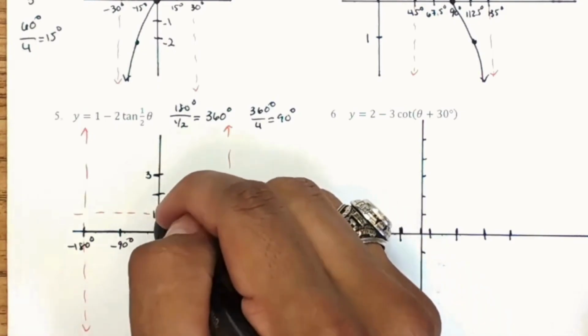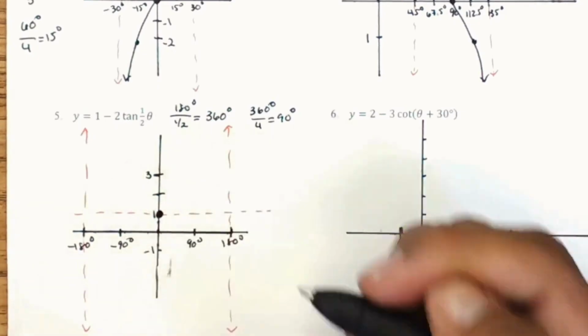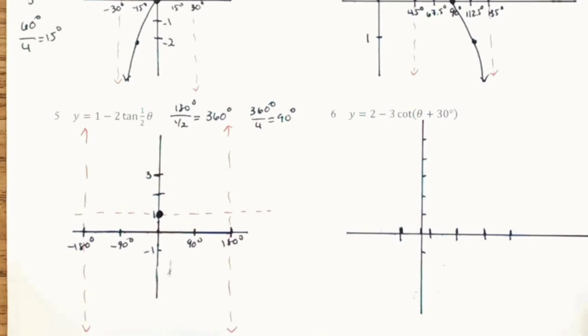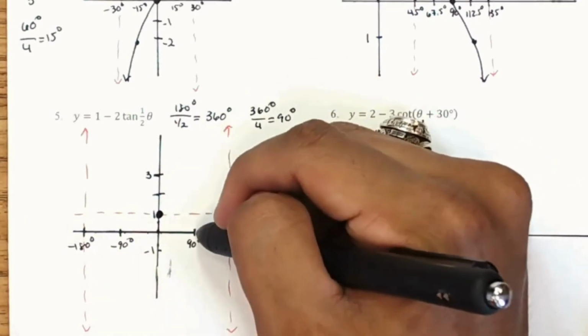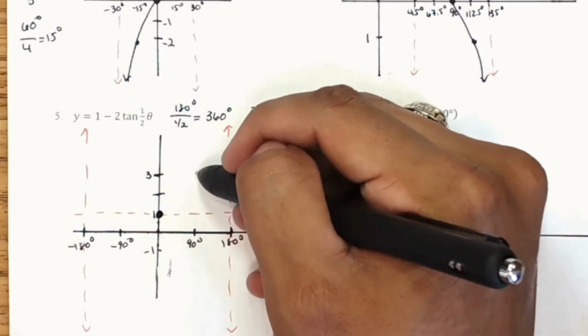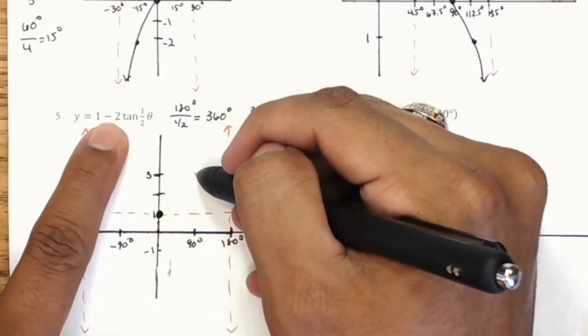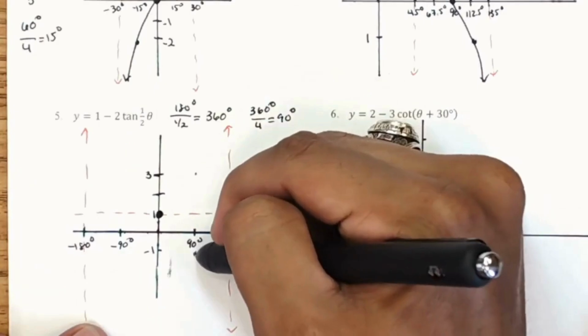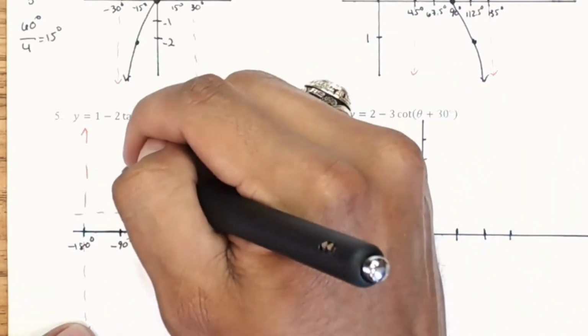For tangent, this middle didn't get moved left or right at all, but it did get moved up. So our origin point went from 0, 0 up to 0, 1. Then the point over here would end up being at 3. However, we're reflecting it, so we're actually going to go down here, and the same thing for this point here.